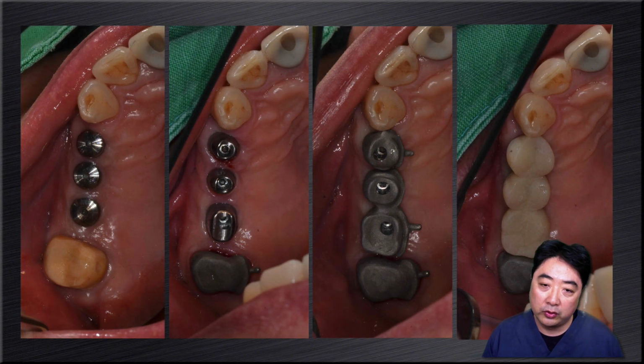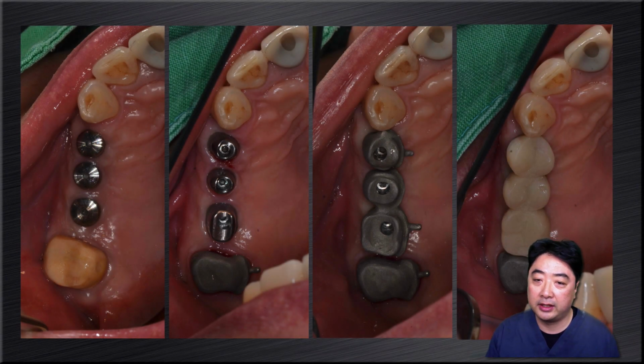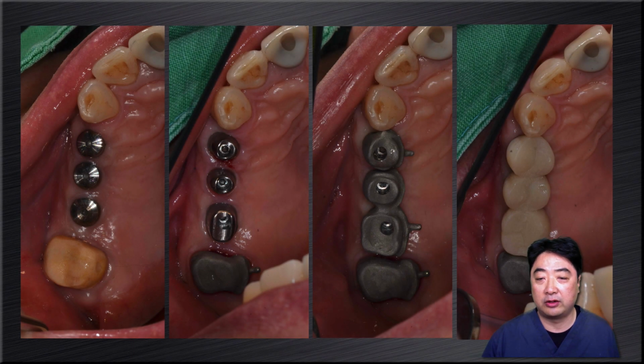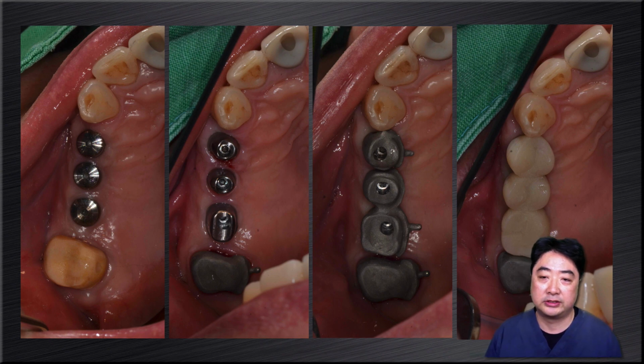I don't want to go into detail about the prosthetic phase for this patient, but this is what I usually do. I order a custom abutment. At the same time, I ask my technician to fabricate PMMA temporary bridges. Then I also order the framework. When I connect the custom abutment in the patient's mouth, the patient leaves my office with the temporary crown. Later on, I pick up the framework for the final restoration.